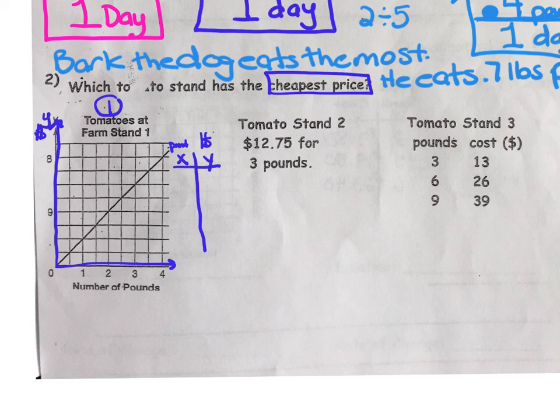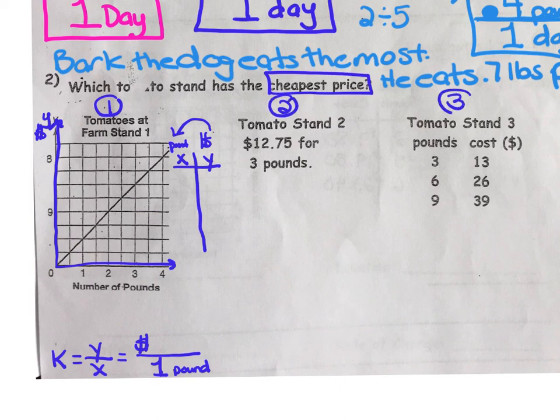So when we calculate and compare for each situation, you're going to place Y over X. And in this case, it will be dollars per 1 pound. We're looking for the cost per 1 pound of tomatoes for farm stand number 1, for farm stand number 2, and for farm stand number 3.